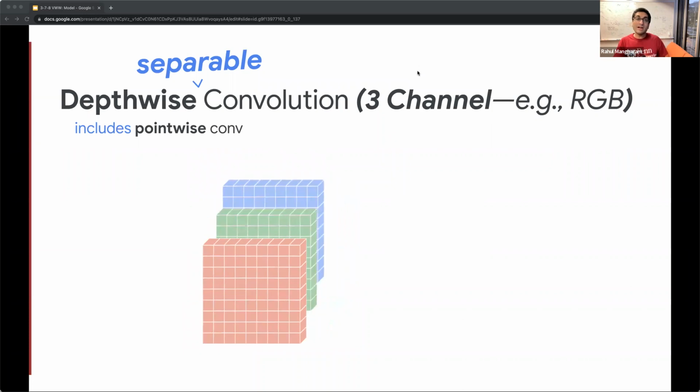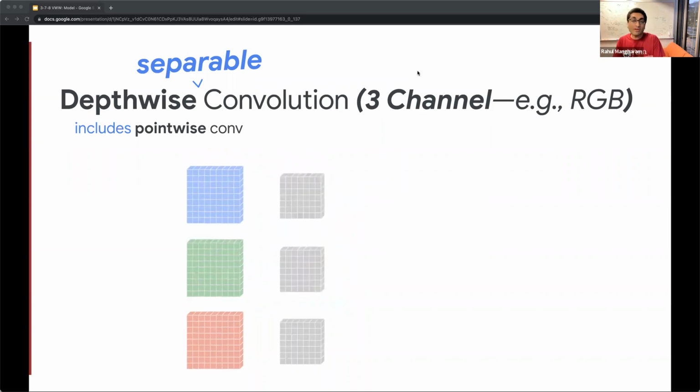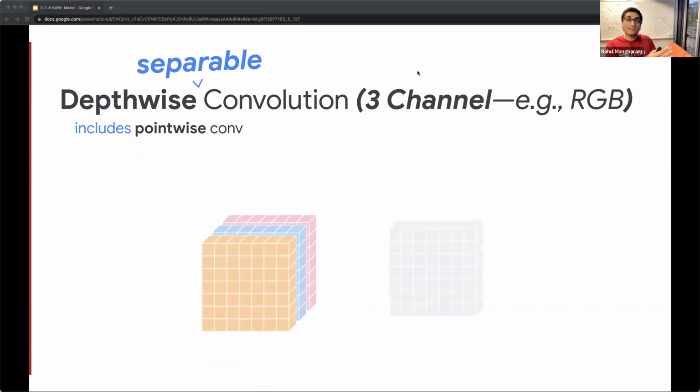So I'm trying to combine depth-wise and point-wise separable convolutions together. Instead of doing one big compound convolution, I'm taking two simpler steps: a depth-wise convolution across the individual channels, and then a point-wise convolution to produce the single output value.